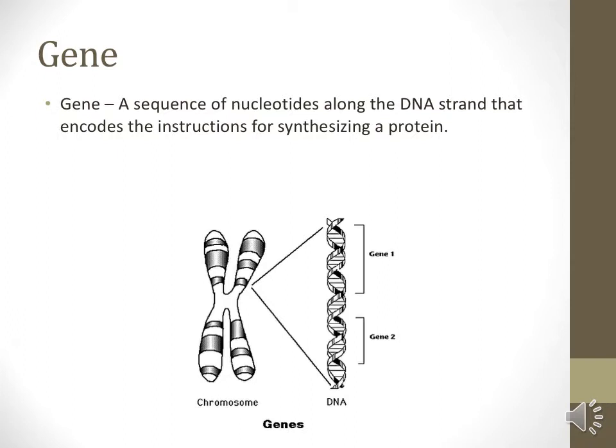It got the name junk DNA because at first people thought it had no purpose at all. But now there's emerging evidence that suggests some of this DNA might actually be involved in the regulation of gene expression. So it could be that some of this junk DNA is not really junk at all, but this is still an emerging line of research.